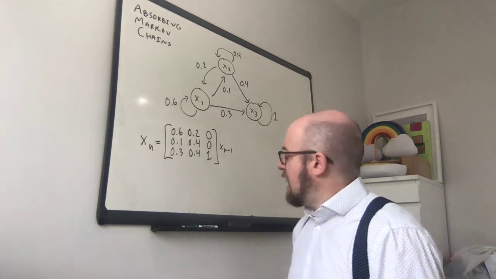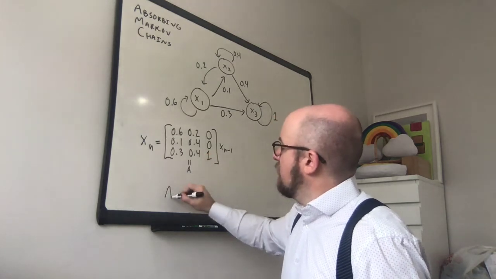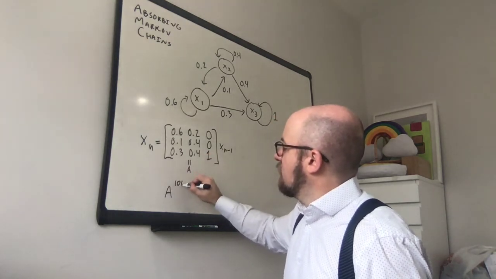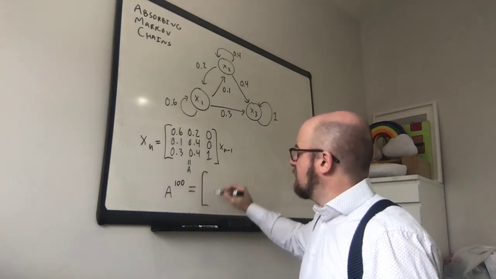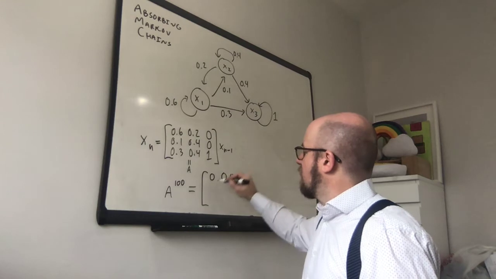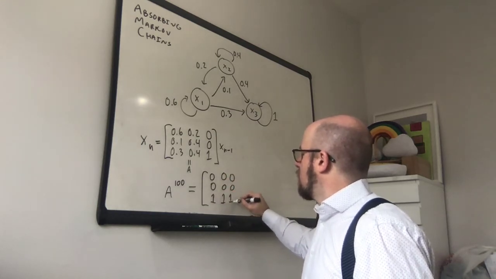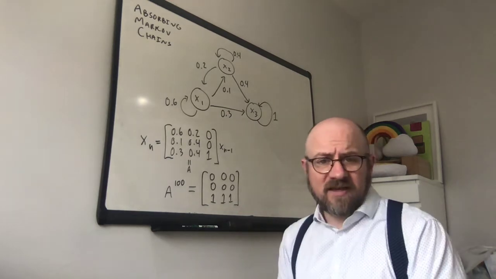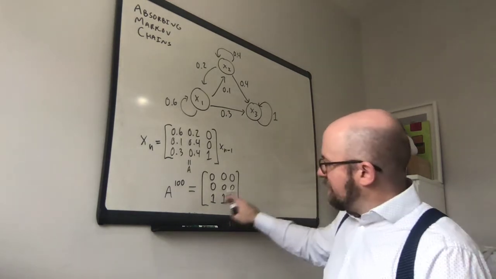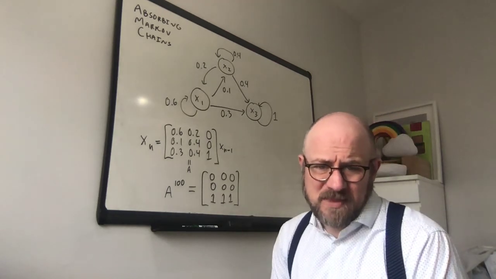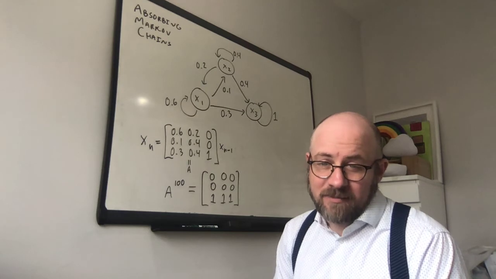If you take a power of this matrix A, say A to the 100th power, to get your steady state matrix, it is going to look like this: 0, 0, 0, 0, 0, 0, 1, 1, 1. Everything ends up in state 3. So 100% of all the values end up in state 3.